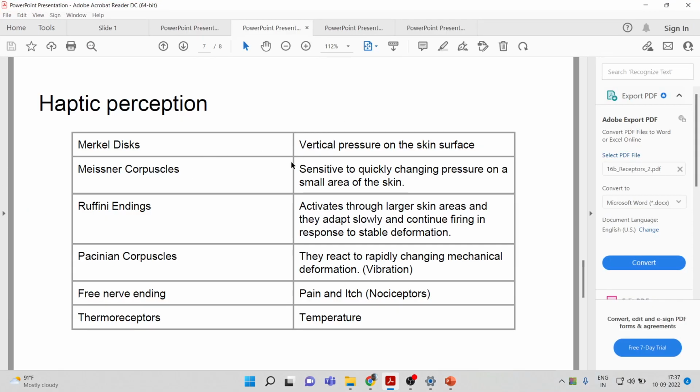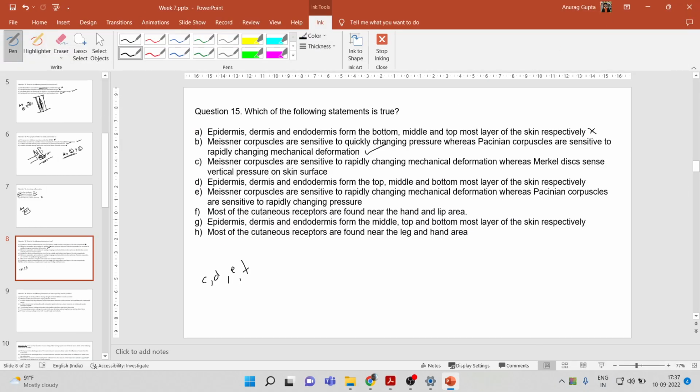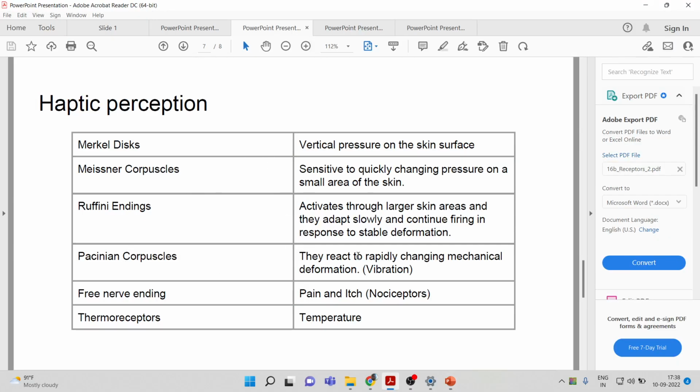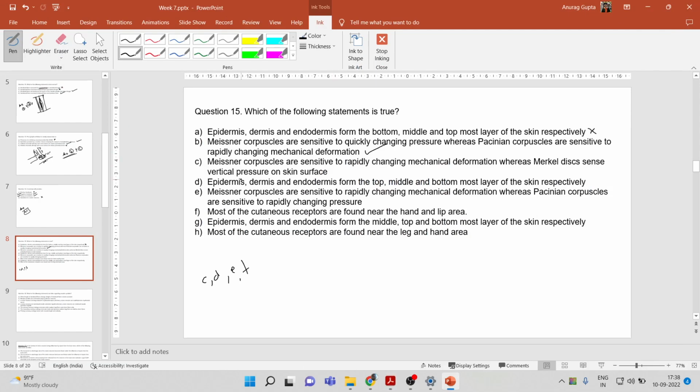Meissner corpuscles are sensitive to quick changing pressure on a small area of the skin, whereas Pacinian corpuscles are sensitive to rapidly changing mechanical deformation. So, B is the correct answer.